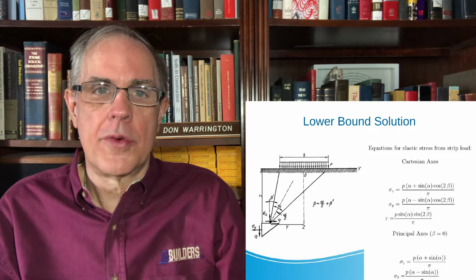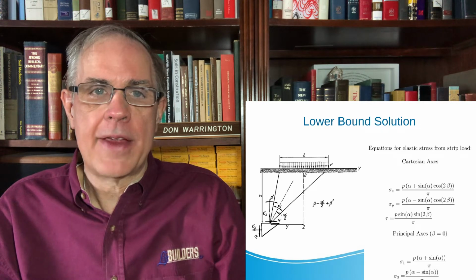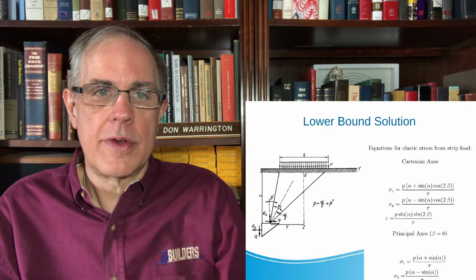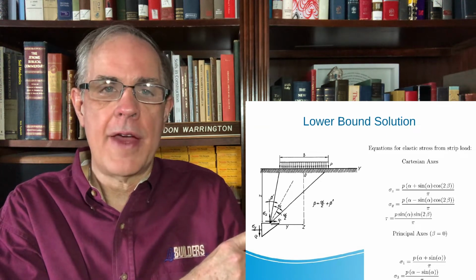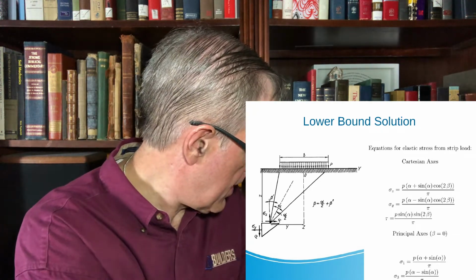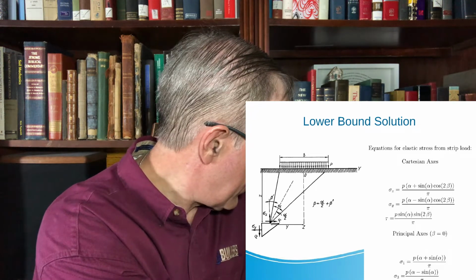However, instead of going through Mohr's circle, we note that the principal axis of stress at any point is the axis shown by this dotted line, which is halfway between the ray from one edge down to a point and the ray from the other edge down to that point.